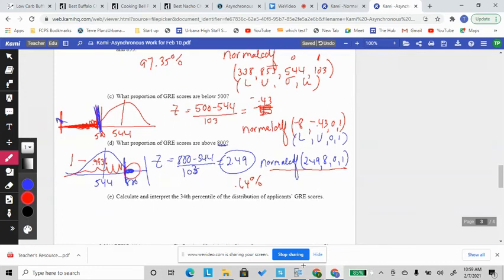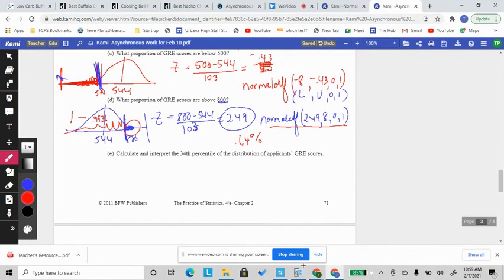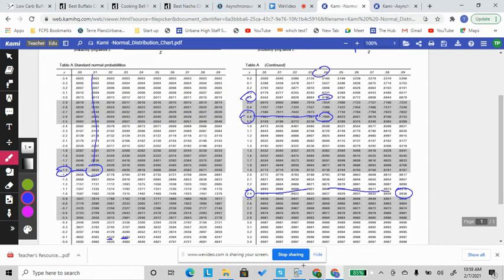All right, now a backwards one. 34th percentile. The mean is 544. 34%. So you can either look up the closest thing. You're on the negative side. The closest thing to 34% on the normal curve.